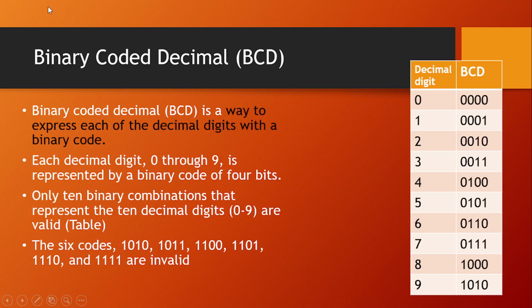Here we made a mistake with the 9. Actually the BCD code for 9 is 1001. Okay, so 1010 is an invalid code. Actually for 9 we have 1001.